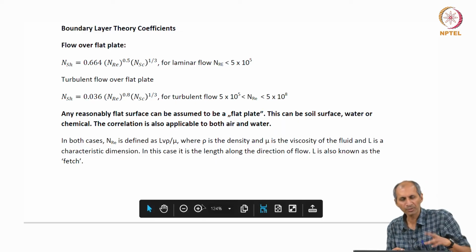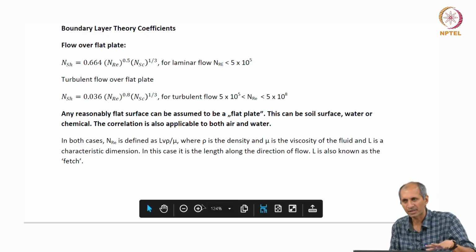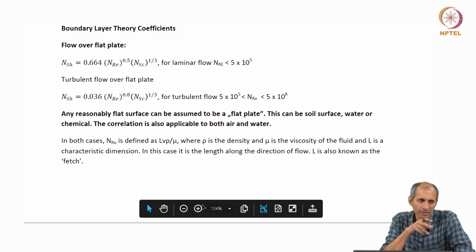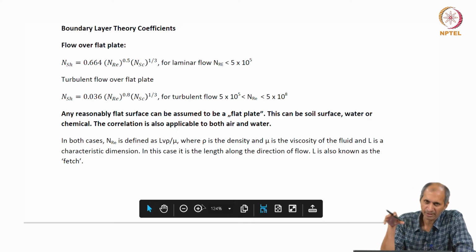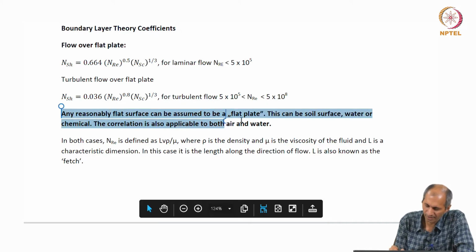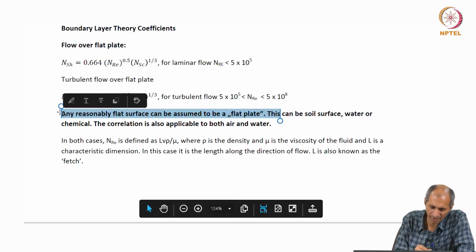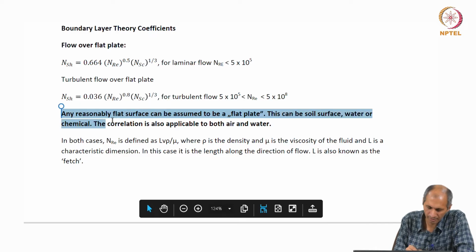This is a very useful correlation. This is very well tested. It is derived from first principles, which means you can derive this from the Navier-Stokes equation for a flat plate, and I have written this here. Any reasonably flat surface can be assumed to be this.